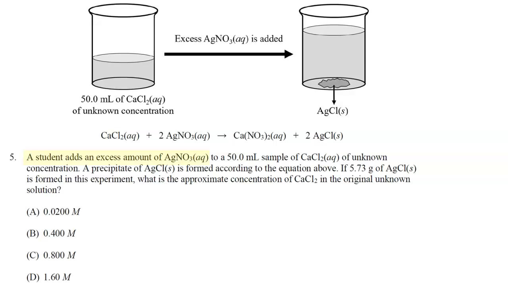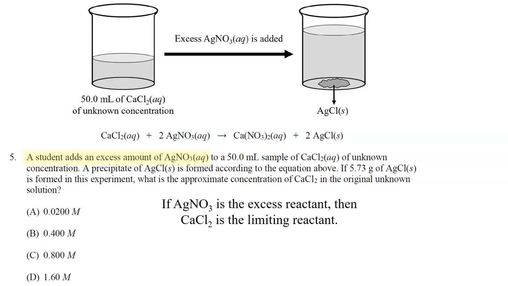So we are told that the student adds an excess amount of aqueous silver nitrate. If silver nitrate is the excess reactant, then calcium chloride is the limiting reactant. The limiting reactant is completely consumed in this experiment.